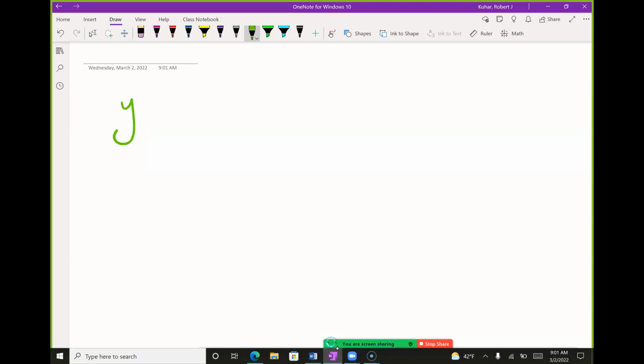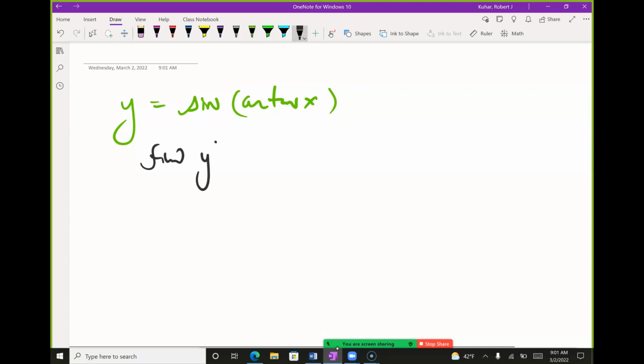Let's find y prime in terms of x. So I can see right away I have an inverse trig. If I have an inverse trig, I have a trig.